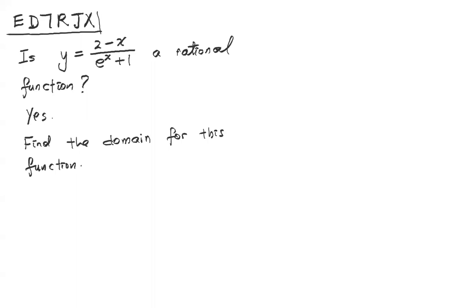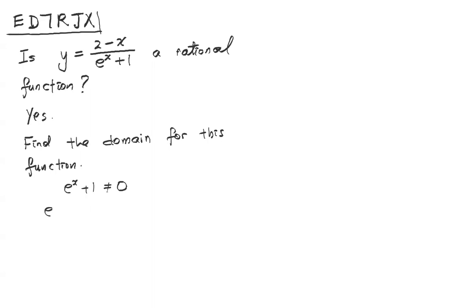Okay. How to find the domain of a rational function? We always say that the denominator cannot be 0, correct? So e to the power x plus 1 cannot be equal to 0. Correct? So is there a solution for this?